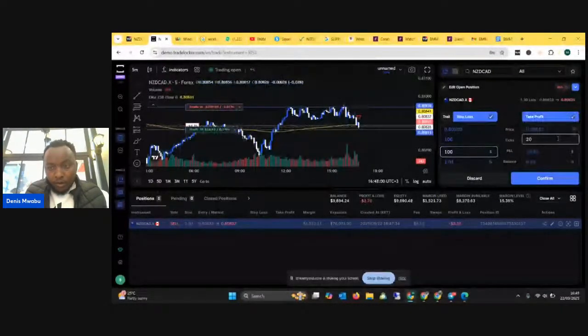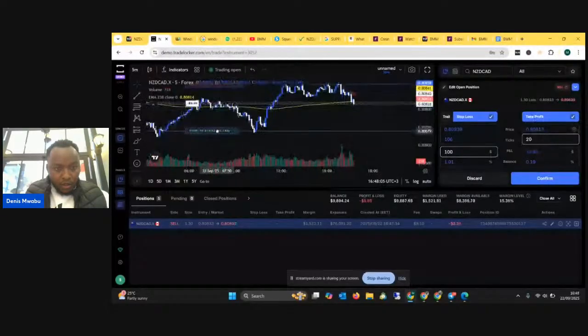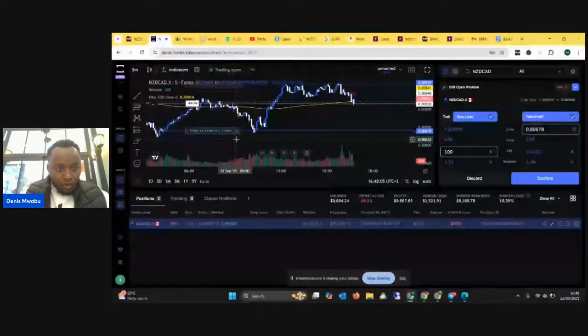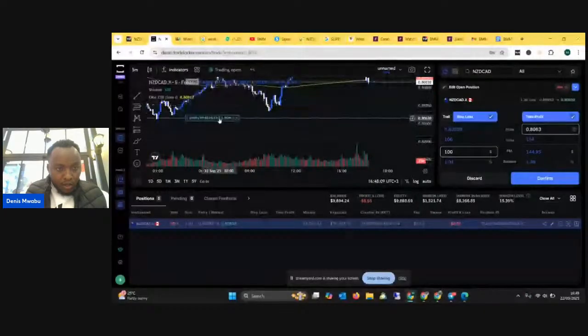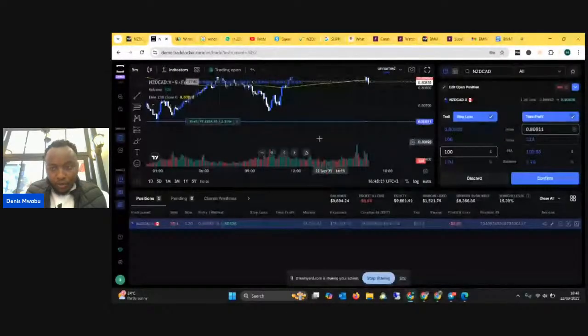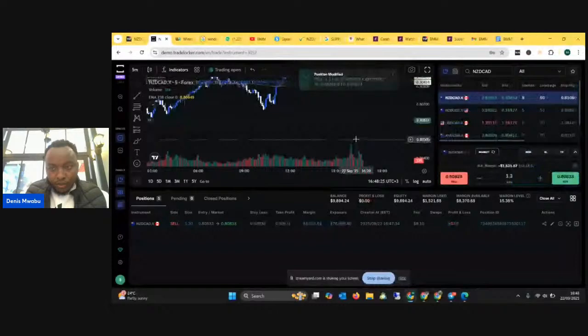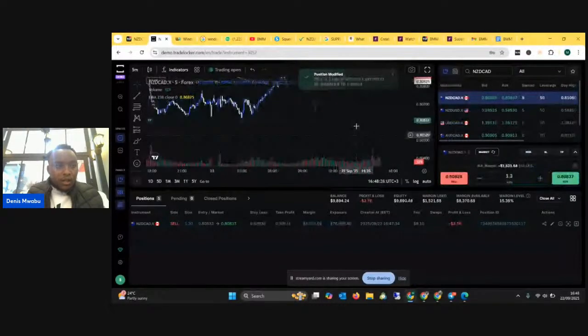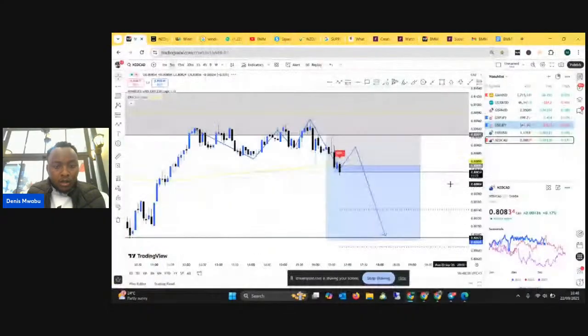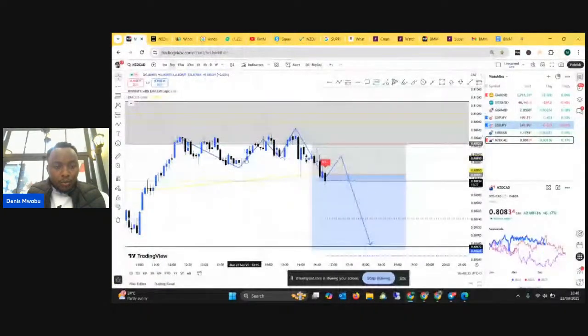I'll put my take profit at just a 1:2, which is around 200 USD. So let me share this trade idea for accountability purposes on our group.